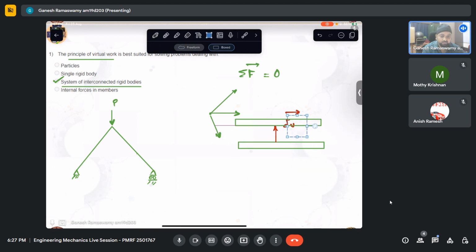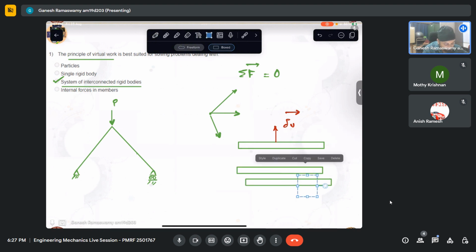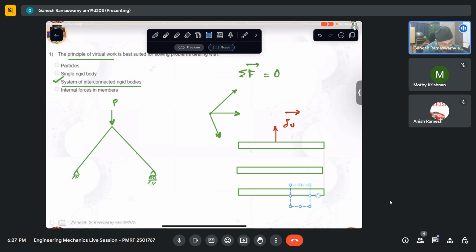You can just gauge it that I have given it like that. Now what I'll do is, I'll take a section here. Let me cut a section there, and let me separate out these bodies.